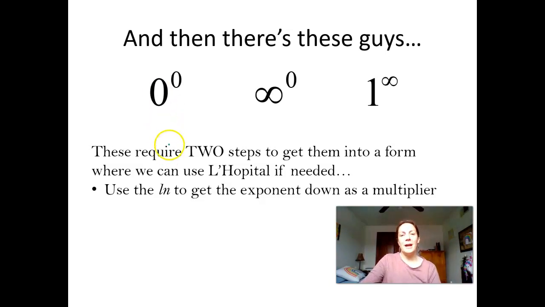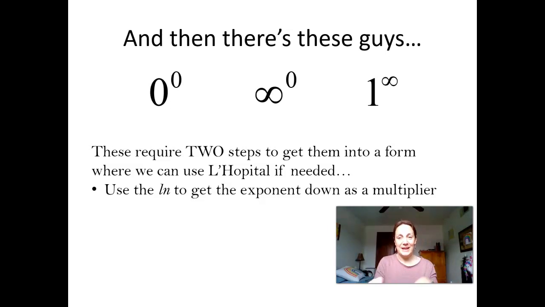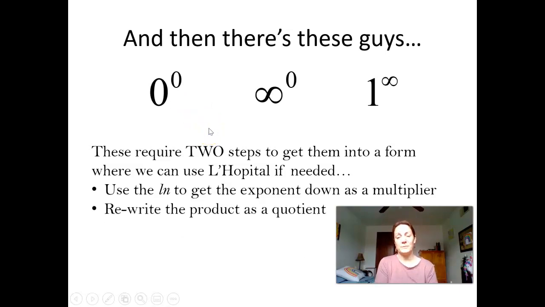Right. So if I have a function or a limit is equal to a number, if I take the natural log of the limit, what that's going to result in is the natural log of my answer, and I can fix that in the end. Okay, so the first thing we're going to do is use the natural log to get the exponent down. Okay, rewrite it like logarithmic differentiation.